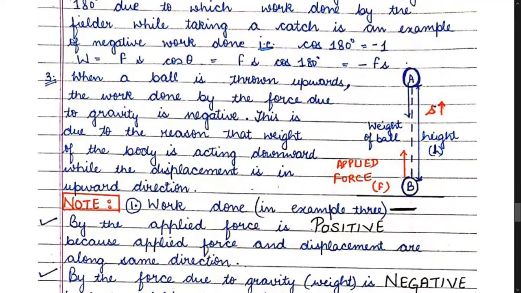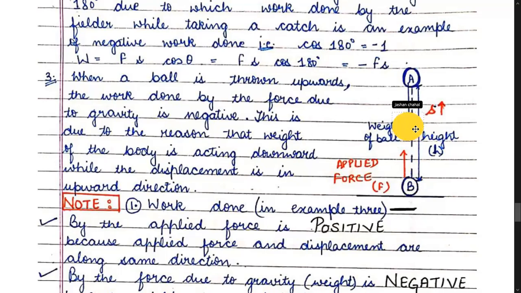Now children, this ball is thrown upward, but the force due to gravity always acts downward. So listen children, suppose you have a ball in your hand and you throw it upward. If you throw it upward, what will happen? This ball will move upward.